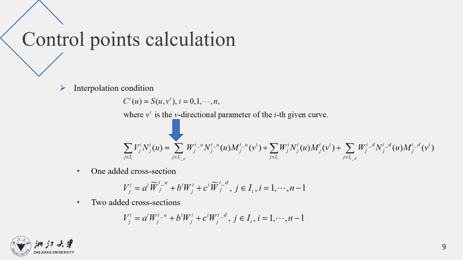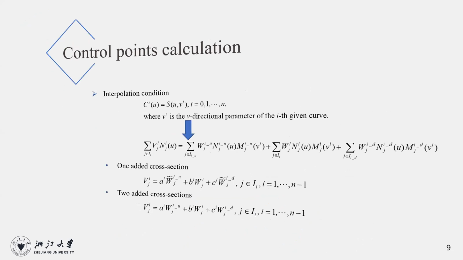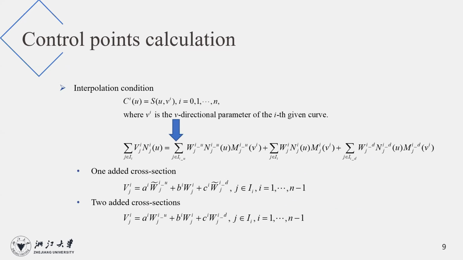To ensure the skinned T-spline surface can interpolate the given curves, an interpolation condition is presented. As the interpolation of the curve is affected by 2 adjacent curves, the equation can be rewritten as this formula, where V are the control points of the given curves and W are the control points of the T-mesh.